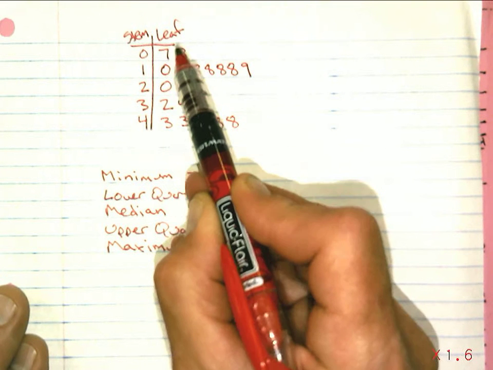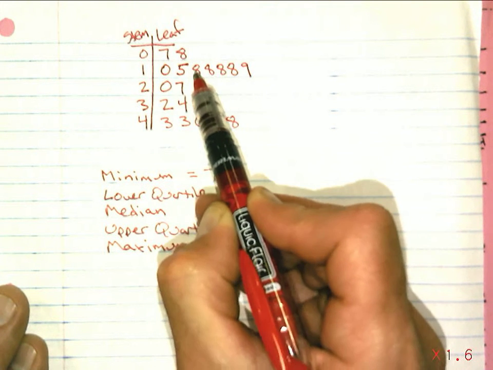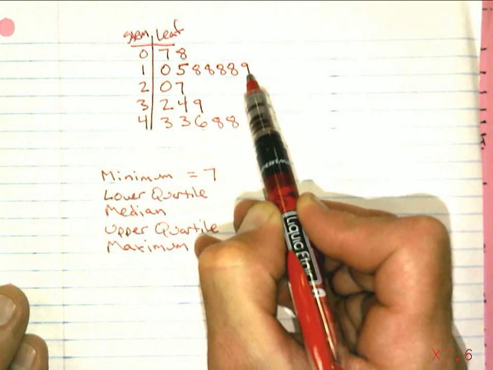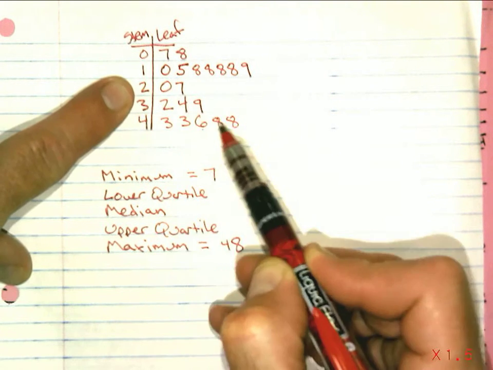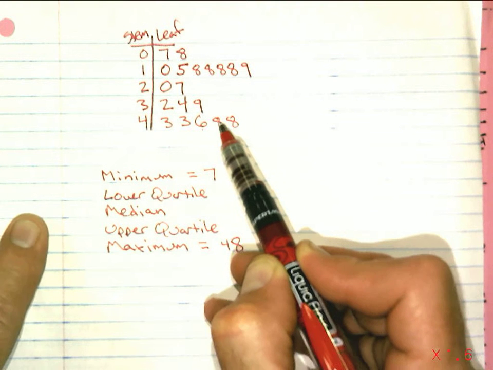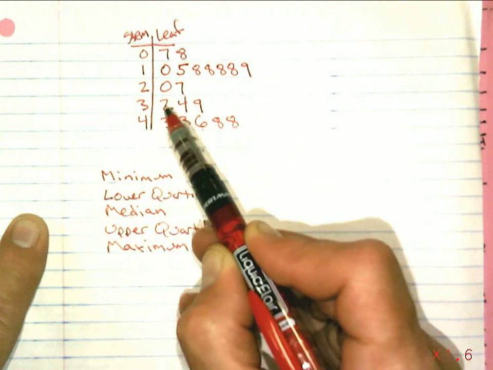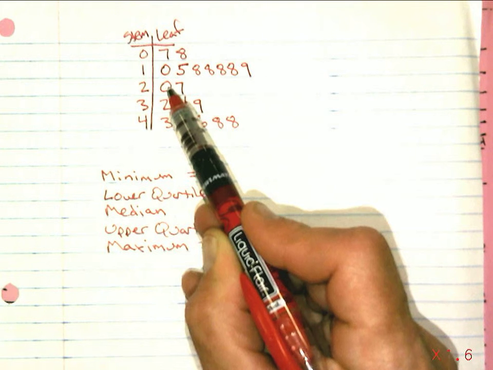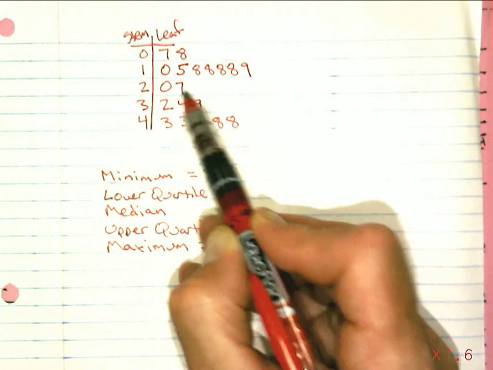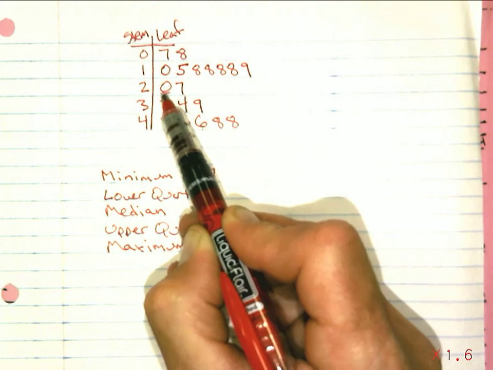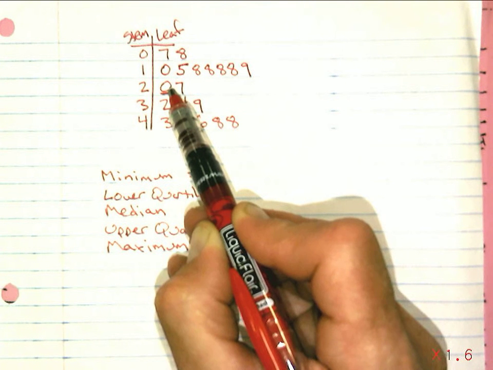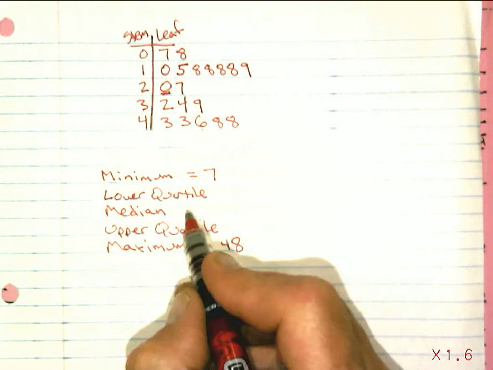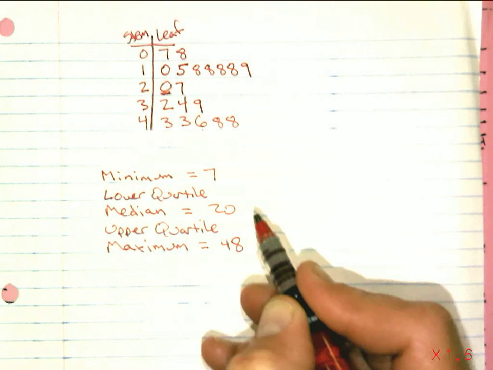So that 20 is the 10th number. If I go backwards from the top down, 1, 2, 3, 4, 5, 6, 7, 8, 9, 10, the 10th number again from either end. So right there, that 20, remember the stem is the tens digit and the 0 is the ones digit. So 20 is the middle number in this data set.